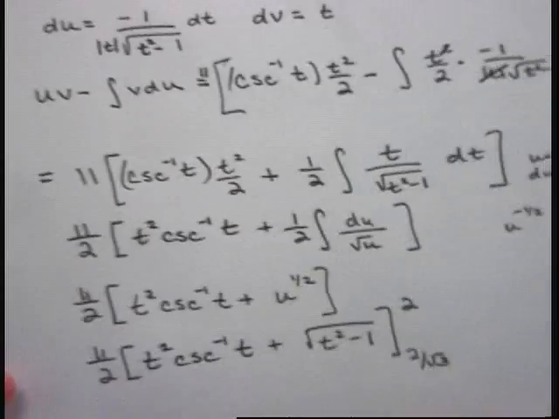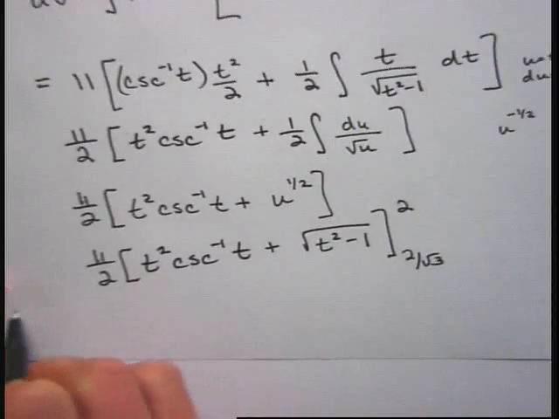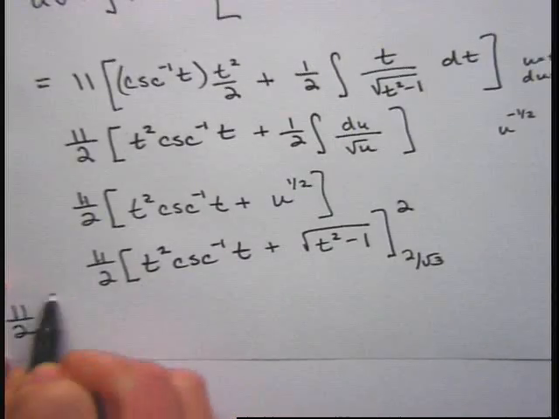Okay, now we'll plug in our 2 and our 2 square root of 3. So this 11 halves is just going to tag along at the very end.